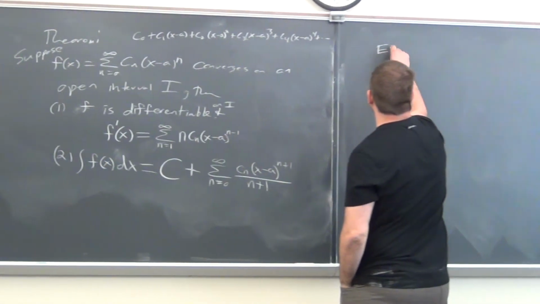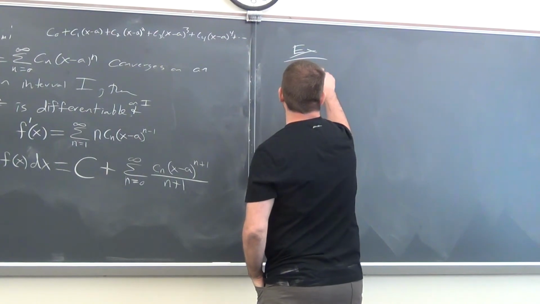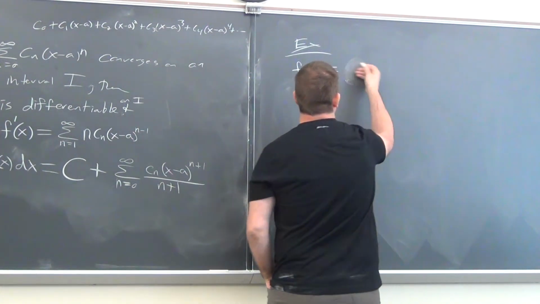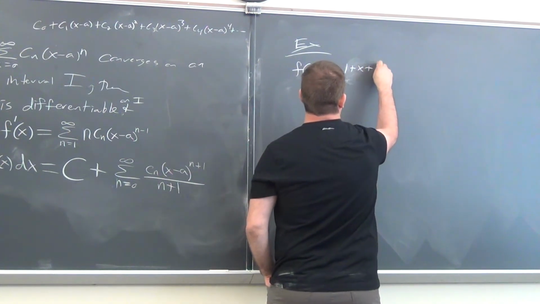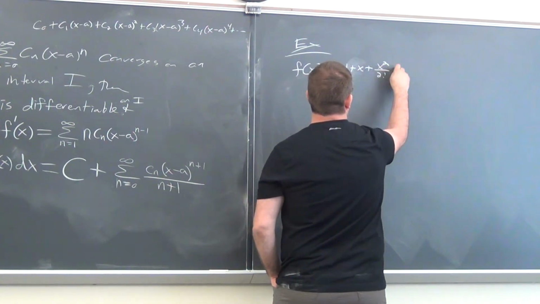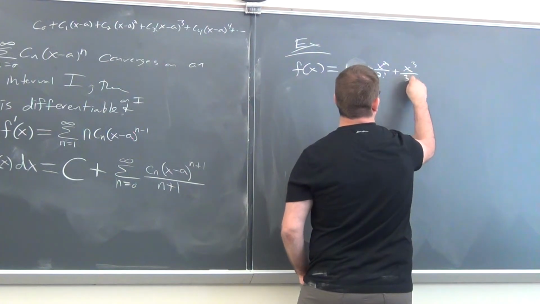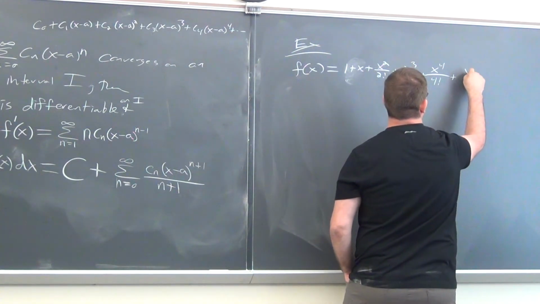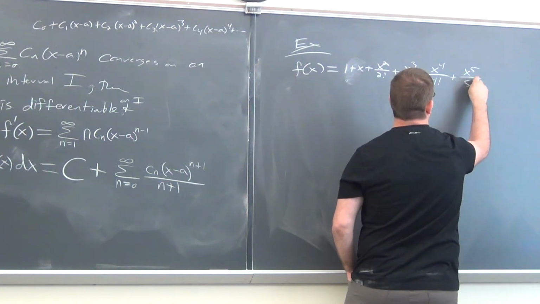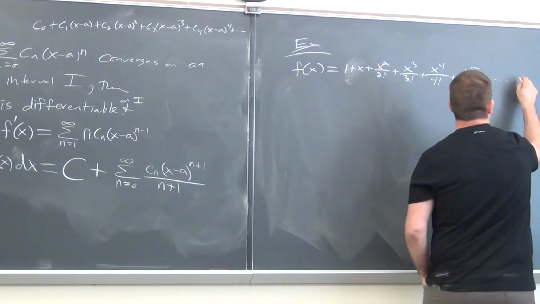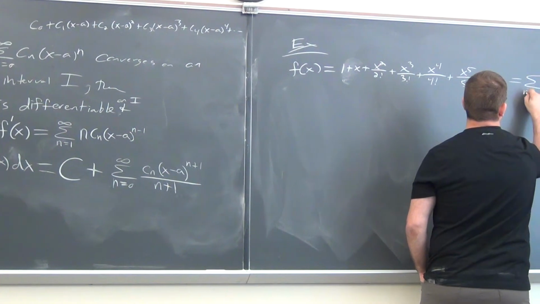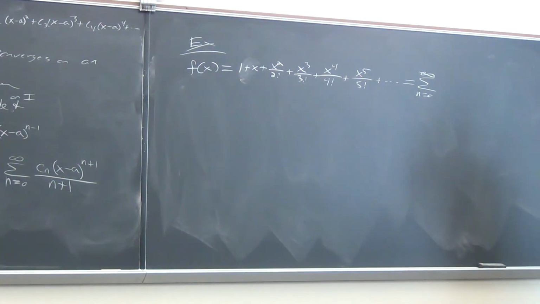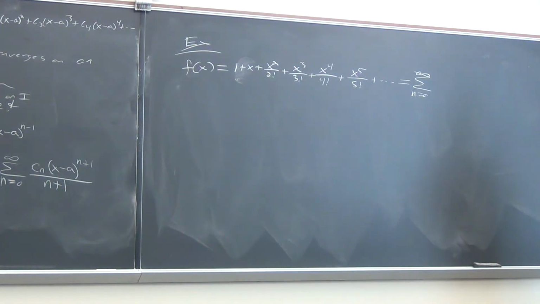So actually, let's just do this: 1 plus x plus x squared over 2 factorial. Okay, so here's my function.